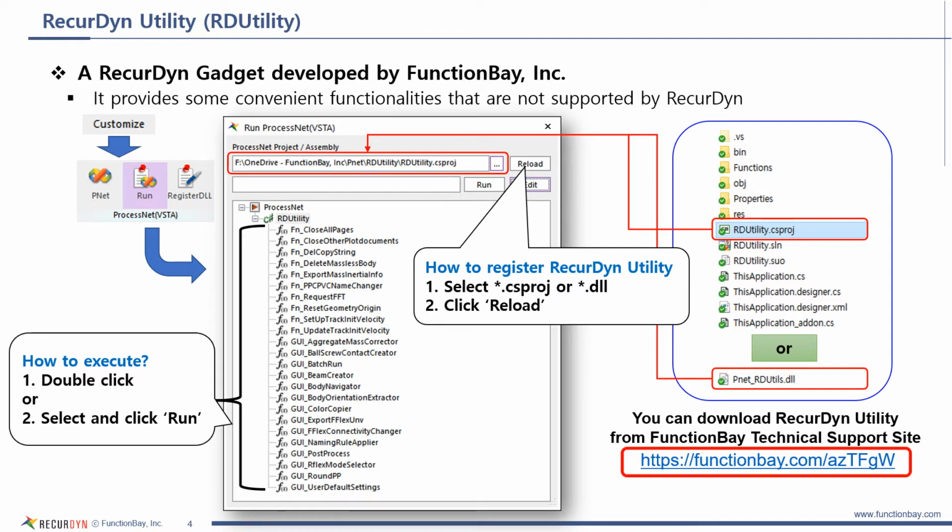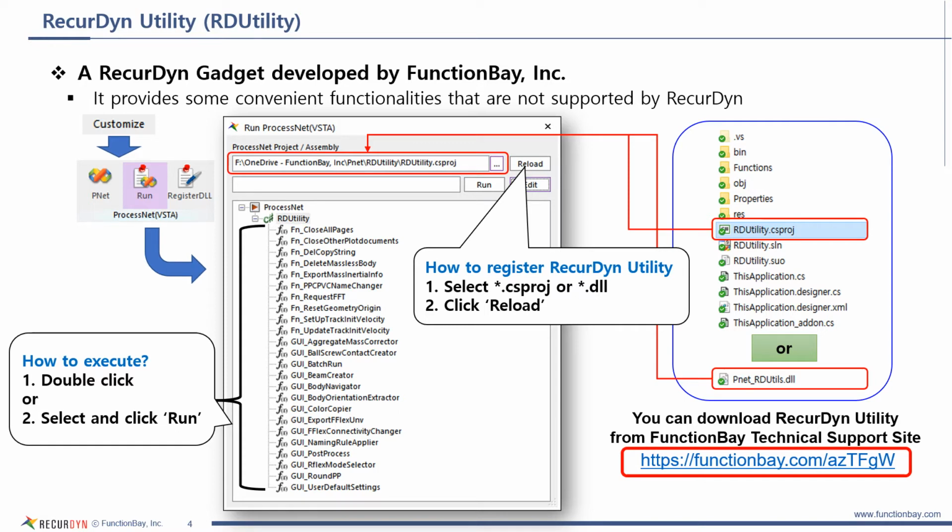Now, let me explain how to register and use RecurDyn Utility. First, you click the Run button in the ProcessNet group of the Customization tab. The Run ProcessNet window appears. Next, select the project file or DLL file and click the Reload button.